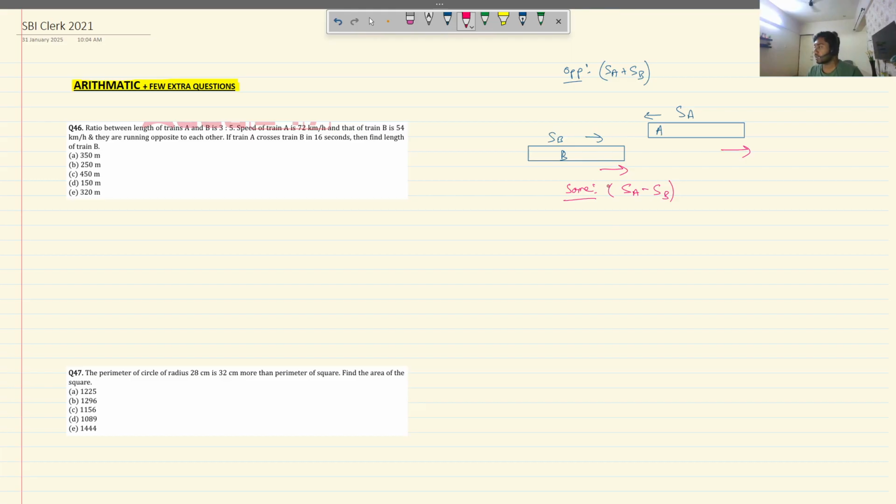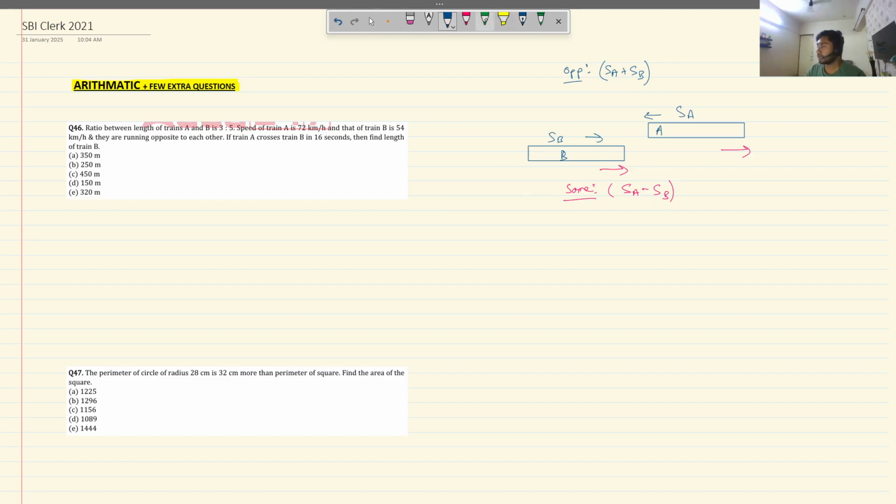Let's focus on when the trains are going in the opposite direction. Train A's alone speed is SA and train B's alone speed is SB, and they're coming from opposite directions towards each other. In that case, their relative velocity becomes this.